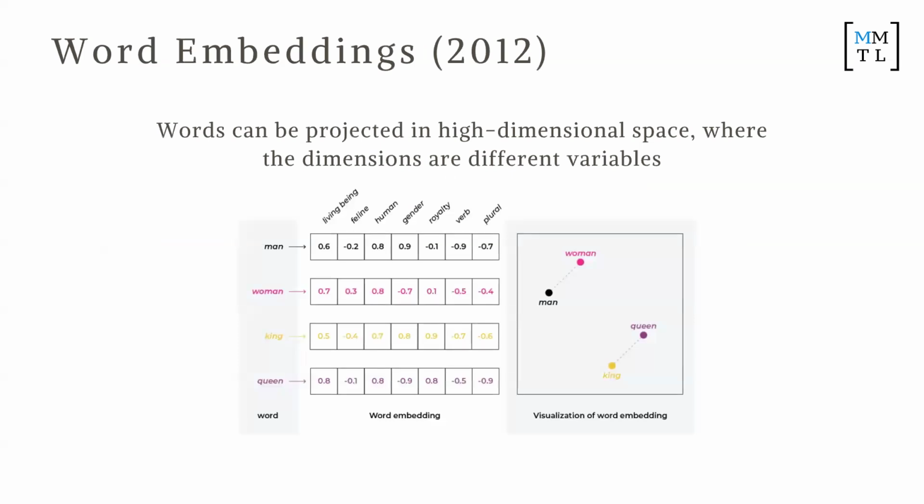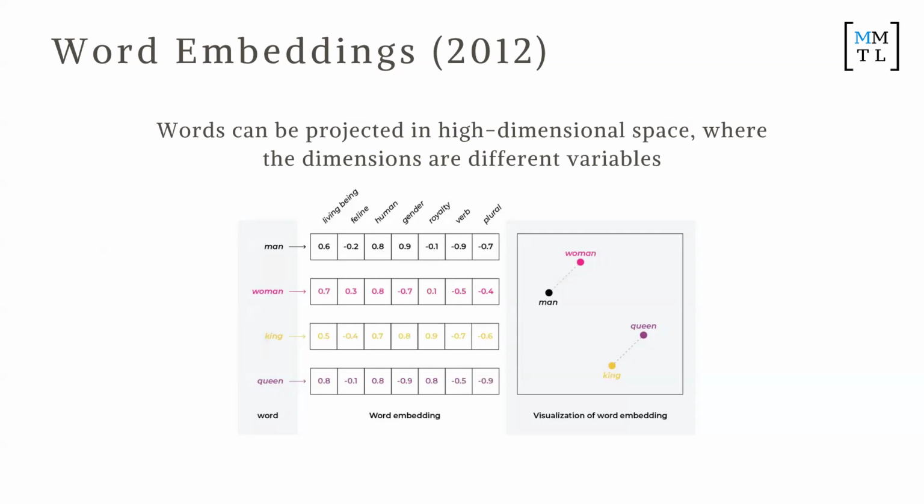In the NLP field in 2012, they created this concept called word embeddings. So what exactly are word embeddings? Words can be projected into high-dimensional space. In this case, I've just put a simple 2D figure, but we're talking tens or twenties or hundreds of dimensions, where the dimensions are completely different variables.